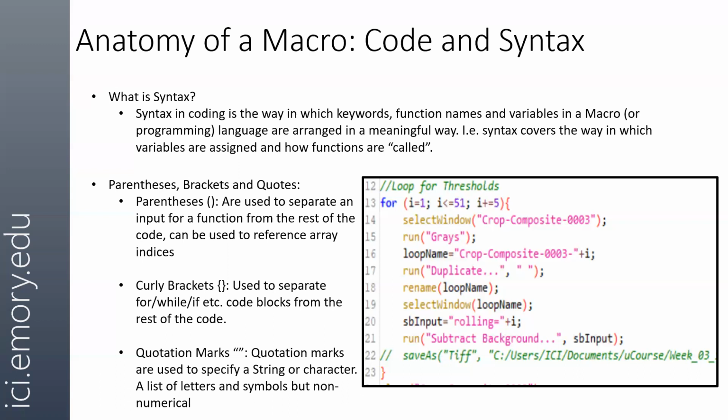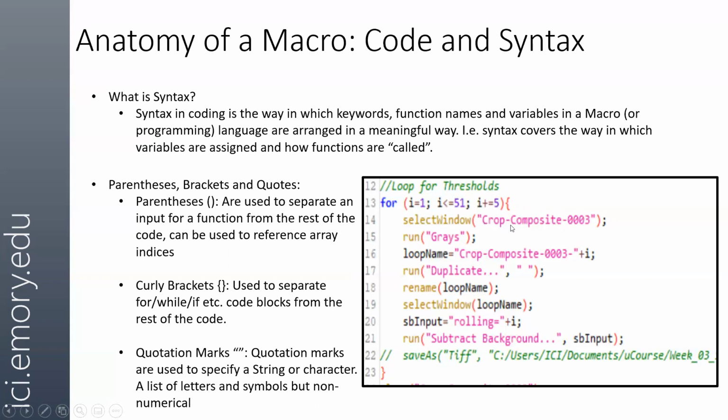That's chiefly to aid readability, because if it was all black, it might inhibit your ability to figure out where a function is being used versus a variable versus any other kind of stuff. So for example, in the example here, all the function calls are orange: select window, run, rename. These are all functions.